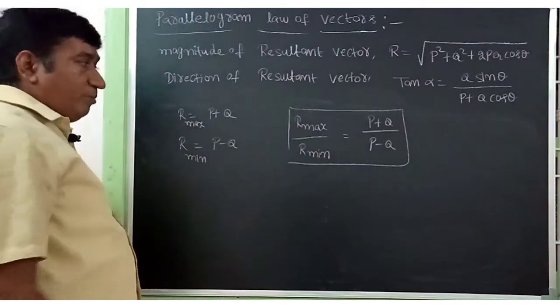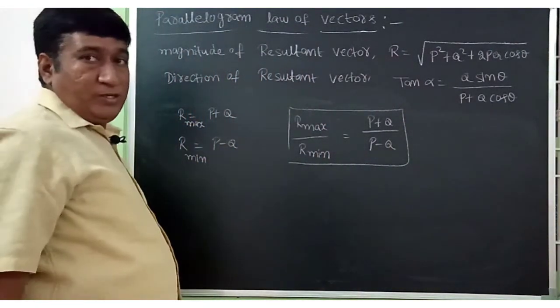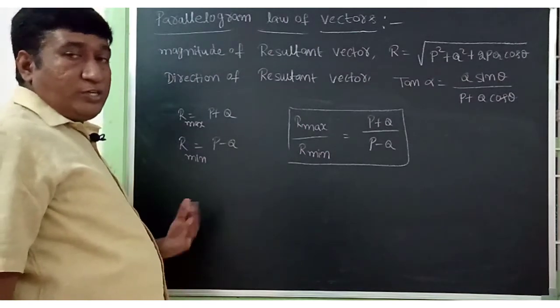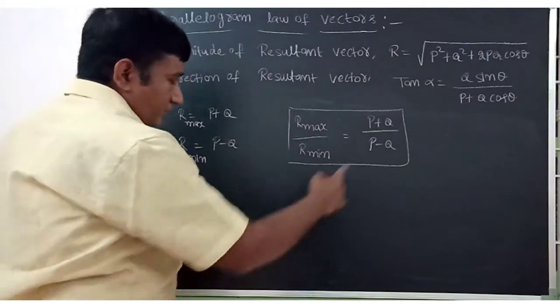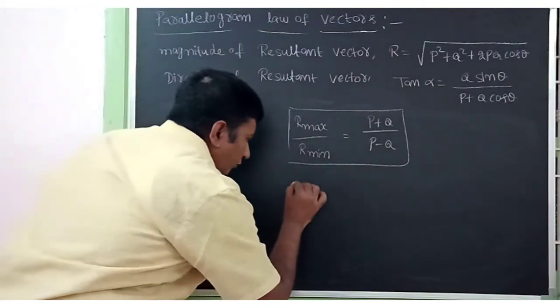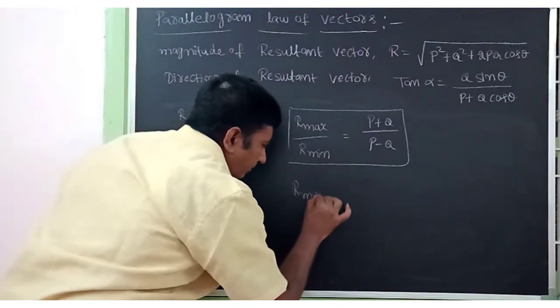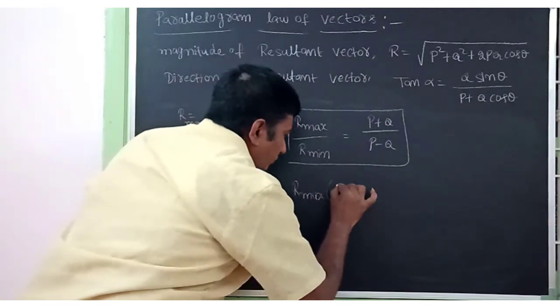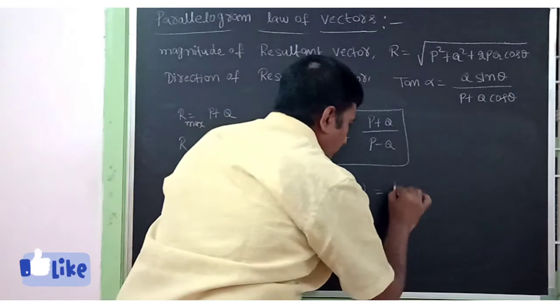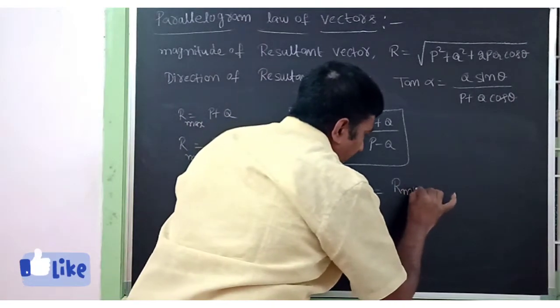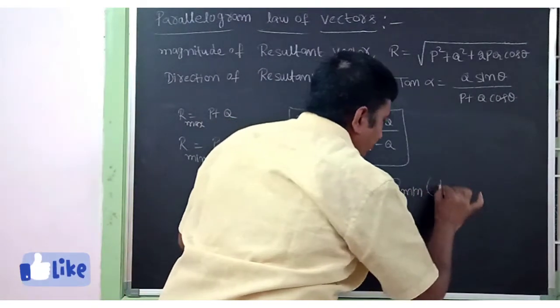If they give R maximum and R minimum, and ask to find the ratio of p by q, in such a case we do cross multiplication. R maximum into p minus q is equal to R minimum into p plus q.